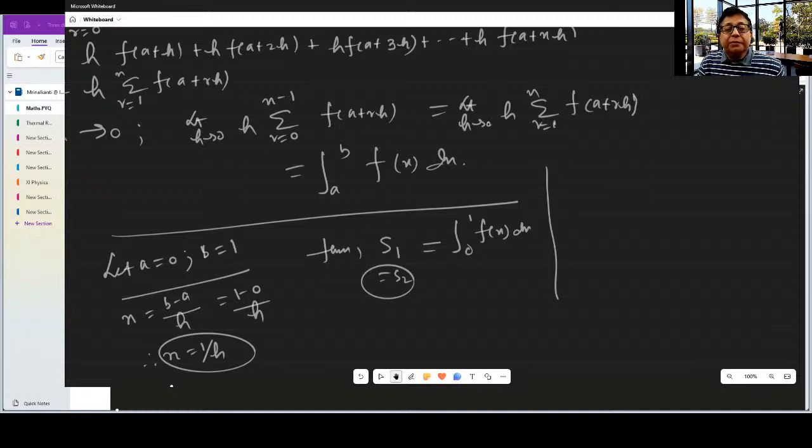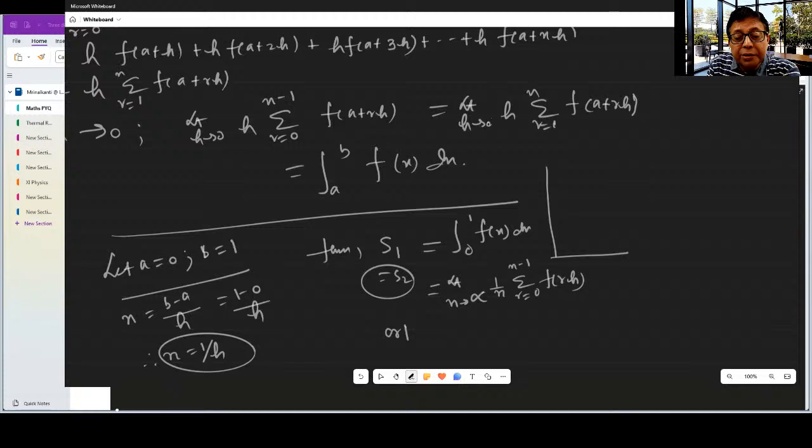In most of the problems, you will find that a is 0, b is 1, and this sum, we happily write in the form limit n tending to infinity 1 by n sigma r equal to 0 to n minus 1 f of rh, or limit n tending to infinity sigma r equal to 1 to n f of rh.